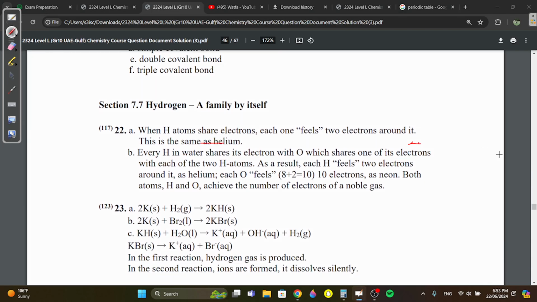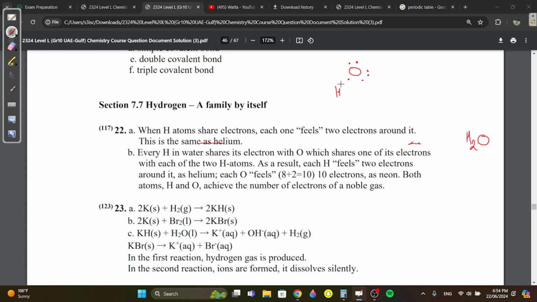Okay, in H2O, every hydrogen in water shares its electron with O. So it looks like this: O, H, H. So O shares its electrons with both of these two H's, right? As a result, each H feels like 2 electrons around it. So if you were to write it like this, you have O, 1, 2, 3, 4, 5, 6, because oxygen has 6, it's in group 6.